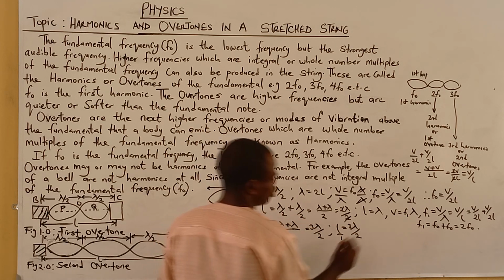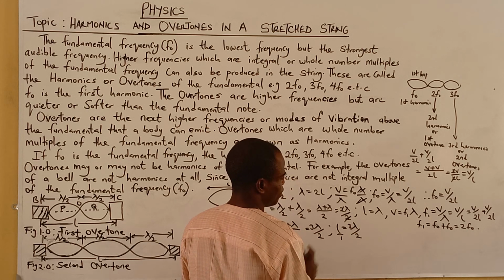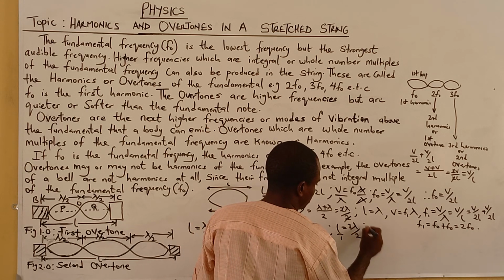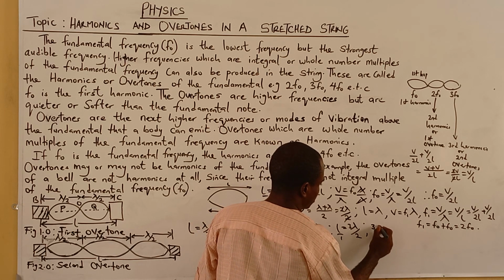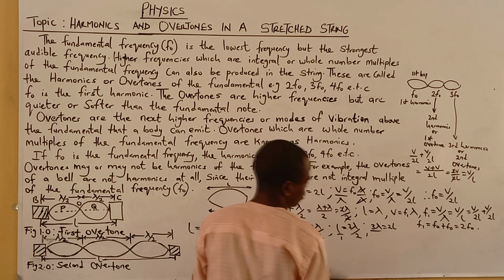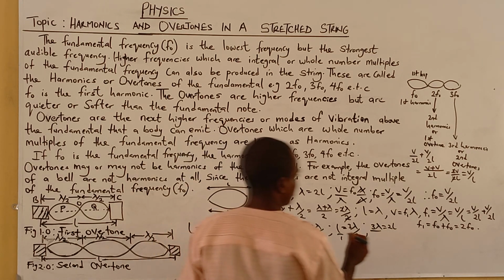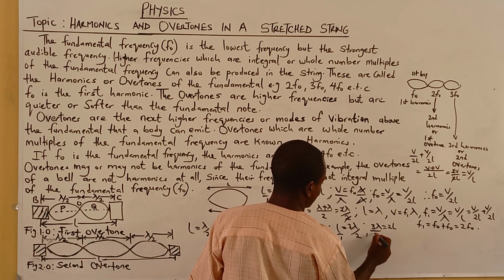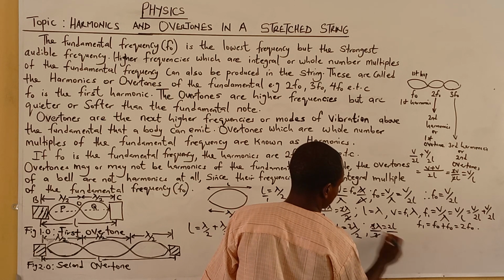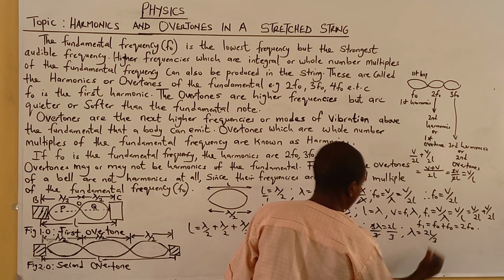You want to make lambda the subject of the formula. Now you have 3 lambda equals 2L, divided by 3. 3 cancels 3. Lambda equals 2L over 3.